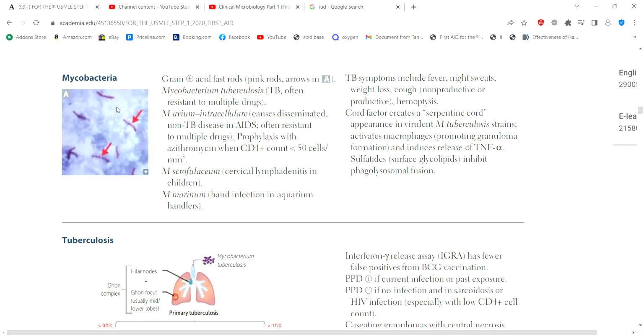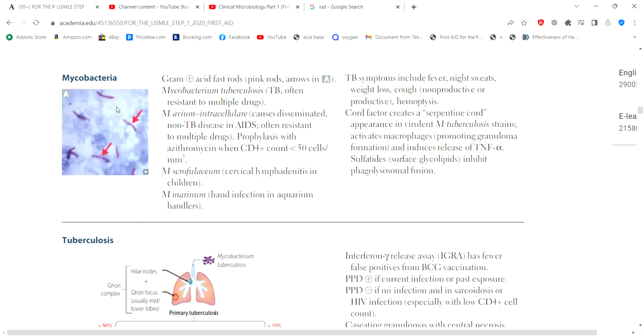Now, TB symptoms include fever, night sweats, weight loss, cough, non-productive or productive, and hemoptysis. Cord factor creates a serpentine cord, which is something inside the mycobacteria that gives Mycobacterium TB a twisted appearance on more dangerous TB strains.